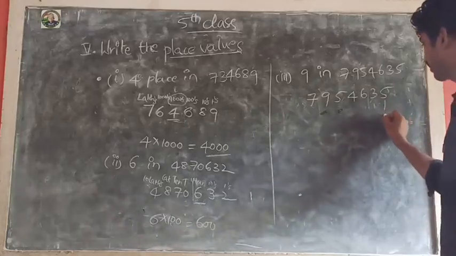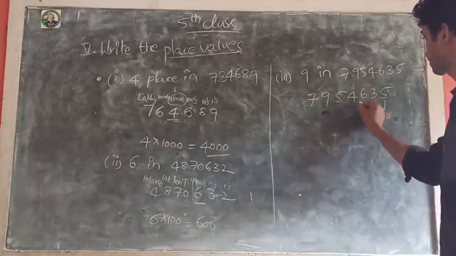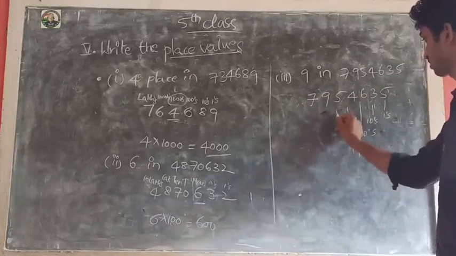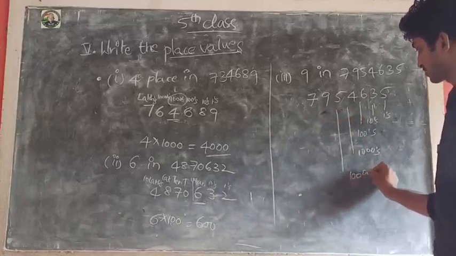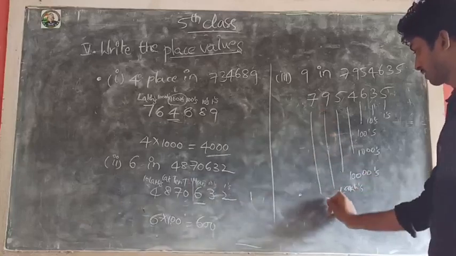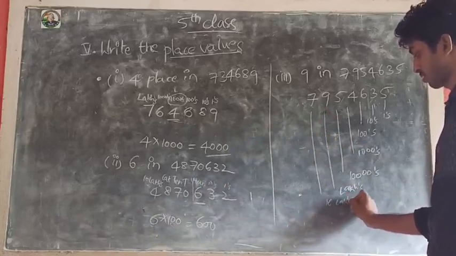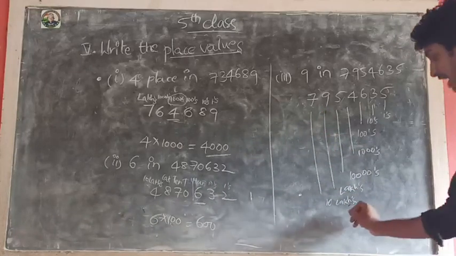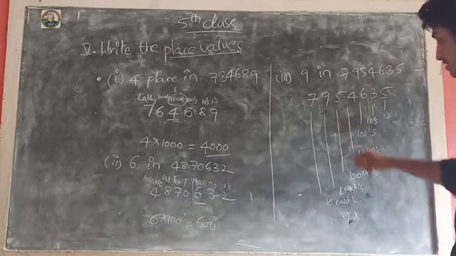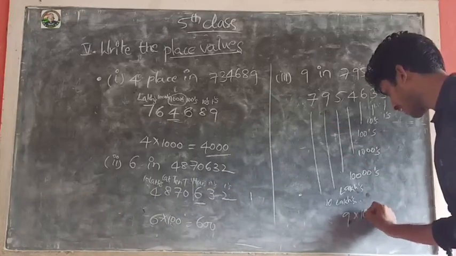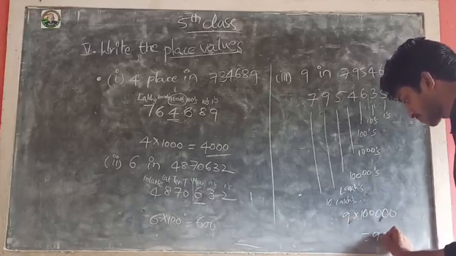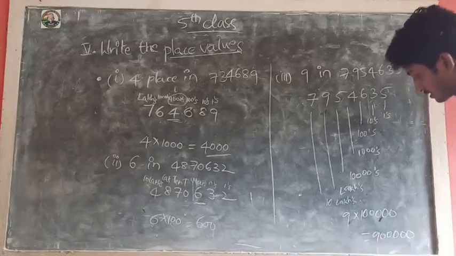Write the place values of each digit: ones place, tens place, hundreds place, thousands place, 10,000s place, lakhs place, 10 lakhs place. Now multiply 9 with that place value. In which place is 9 present? In the lakhs place. So multiply with lakhs. We get 9 lakhs. This is the place value.